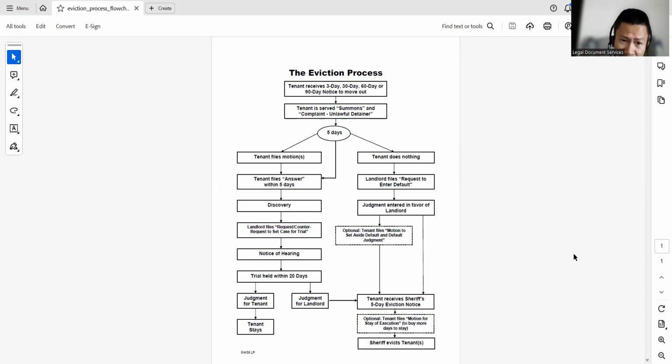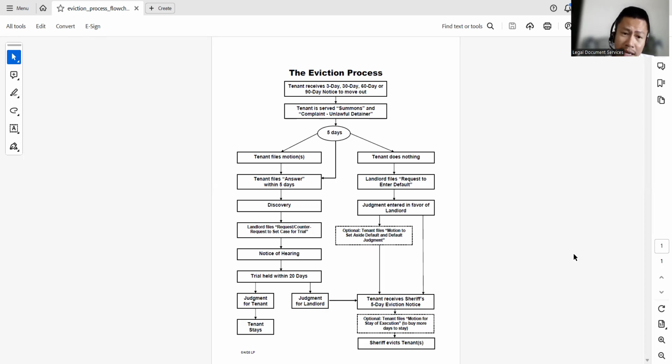And then after filing the answer, the discovery process starts, where the landlords gather up all the evidence, all photos, all written documents, and anything that can support their case.